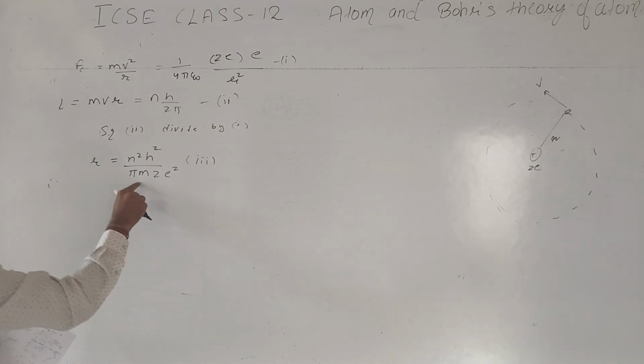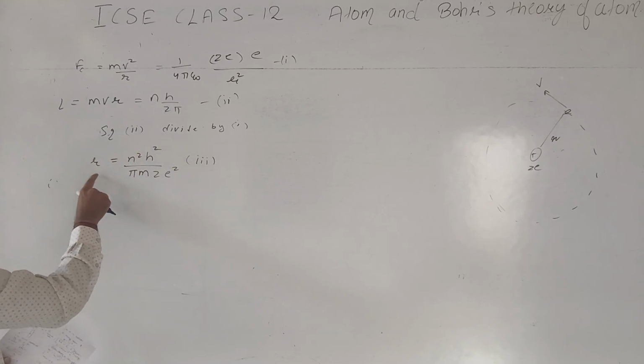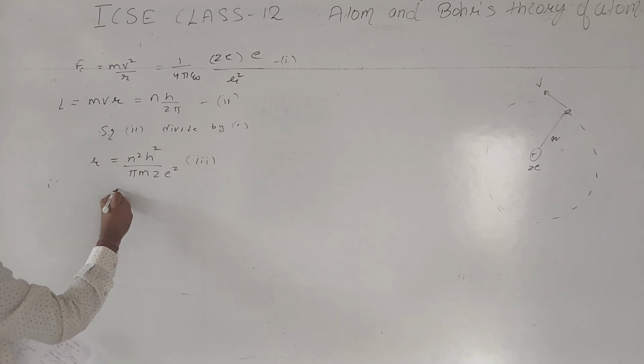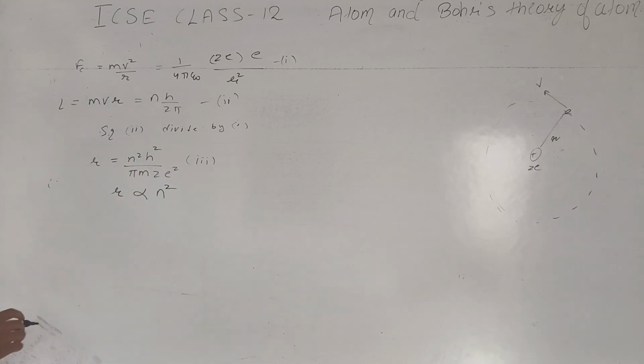From this equation we need not cram it. What we need to know is that R is directly proportional to n squared. What does it mean?